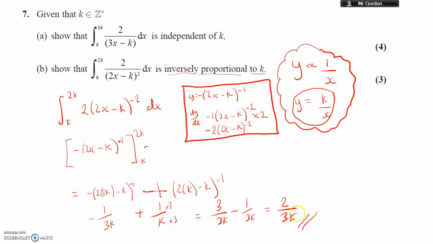You've ended up with your variable on the bottom of the fraction. So yes, you can say that it is inversely proportional to k, with the scalar 2/3. Alright, as k gets bigger, this is going to get smaller.